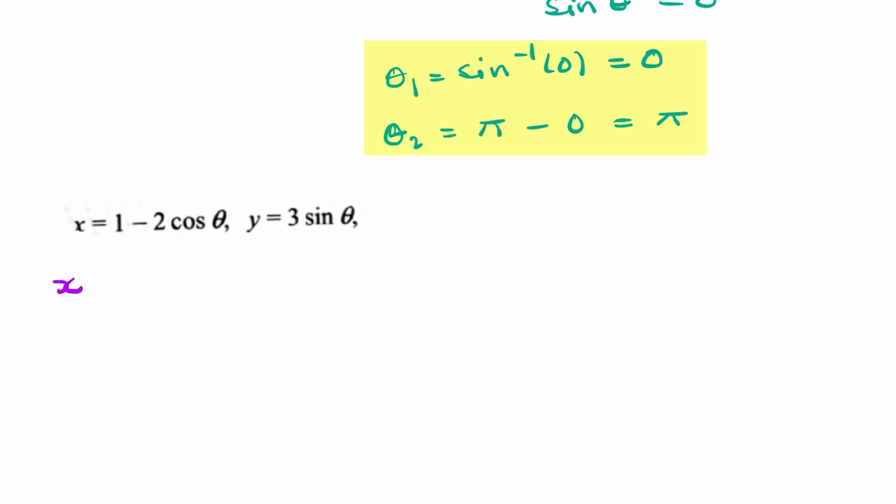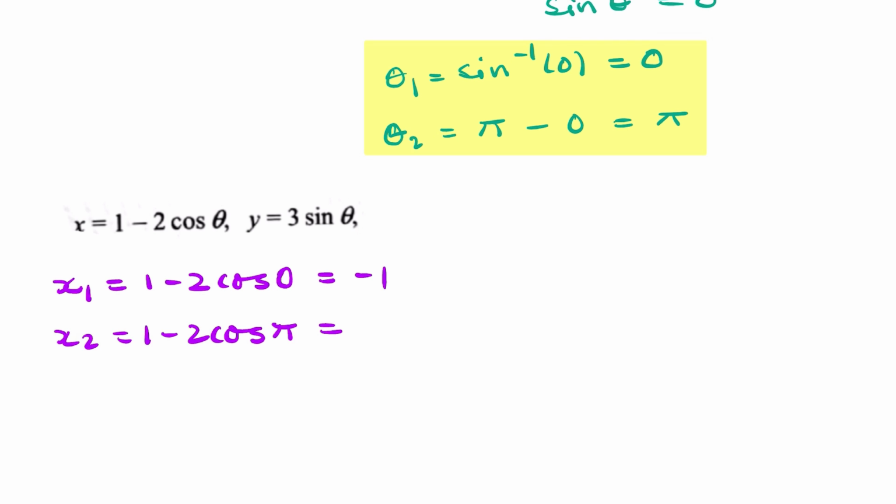So x1 is 1 minus 2 cosine 0, which looks like it's going to be negative 1, and x2 is 1 minus 2 cosine pi, and cosine pi is minus 1.